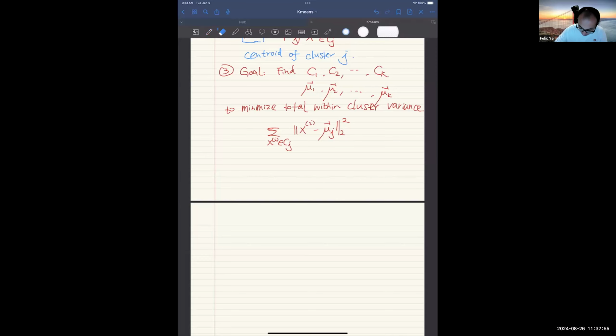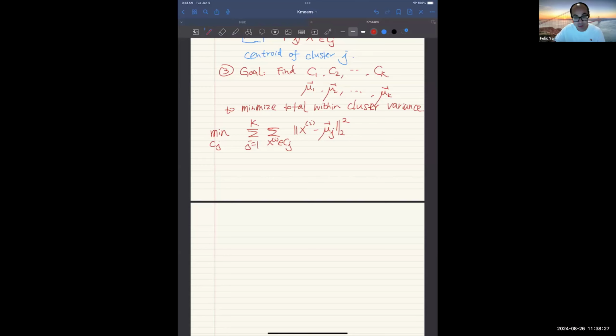Then we sum over all possible j from 1 to K. We want to minimize this. So the variables here are the C_j and the mu j, where mu j is basically the mean with respect to that cluster.